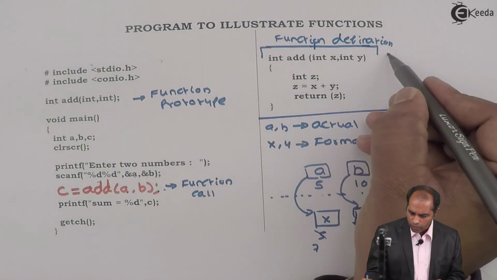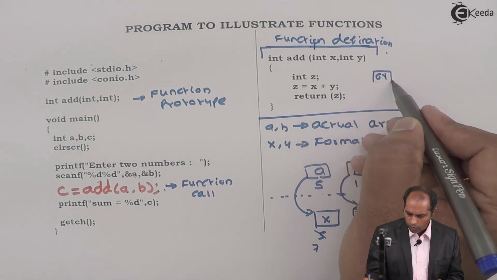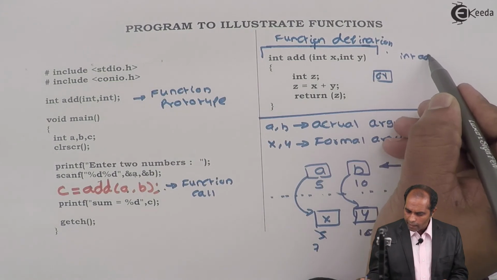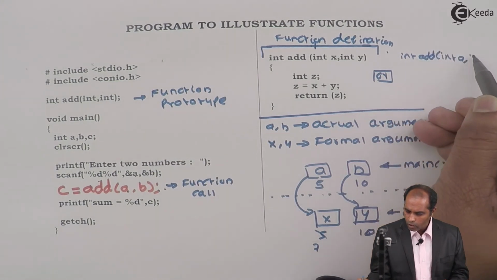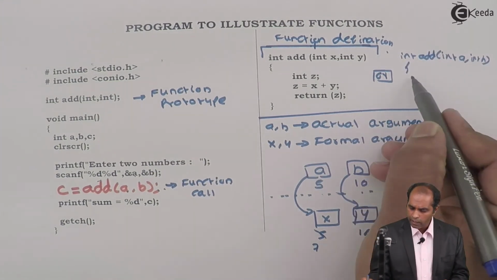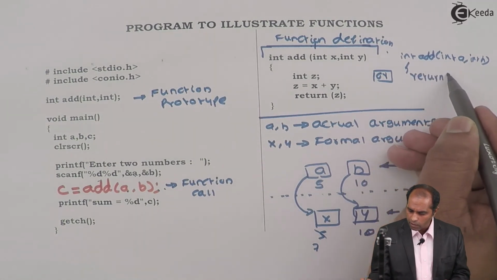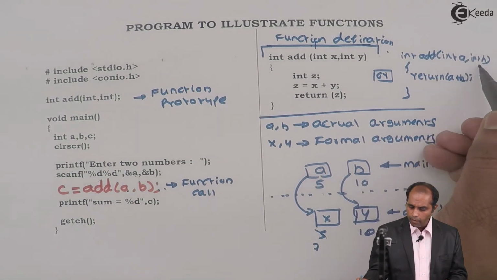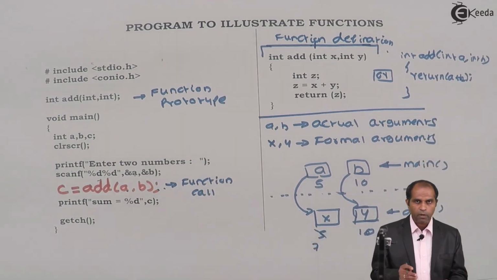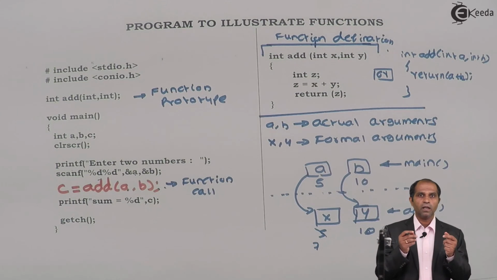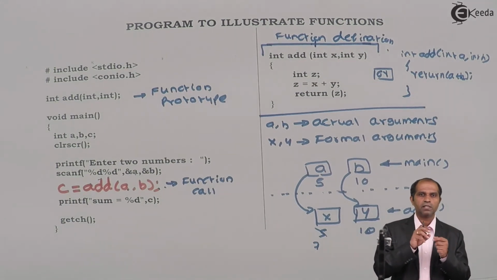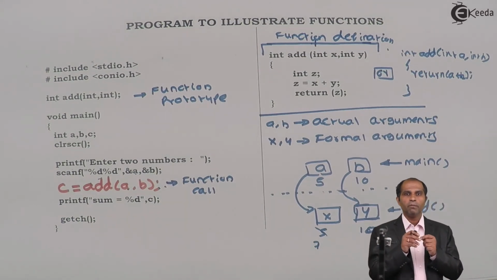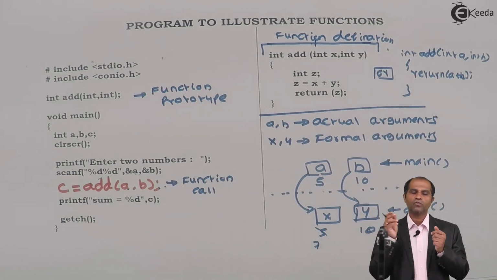It means that the formal arguments can have the same name. Let me write this definition one more time. I'll say int add(int A, int B), and here I can write only one instruction, return A + B. So A and B receive values from A and B. When I spell it, I might be using the same nomenclature, A and B. But to the system, the first A and B belong to main and the second A and B belong to the function.